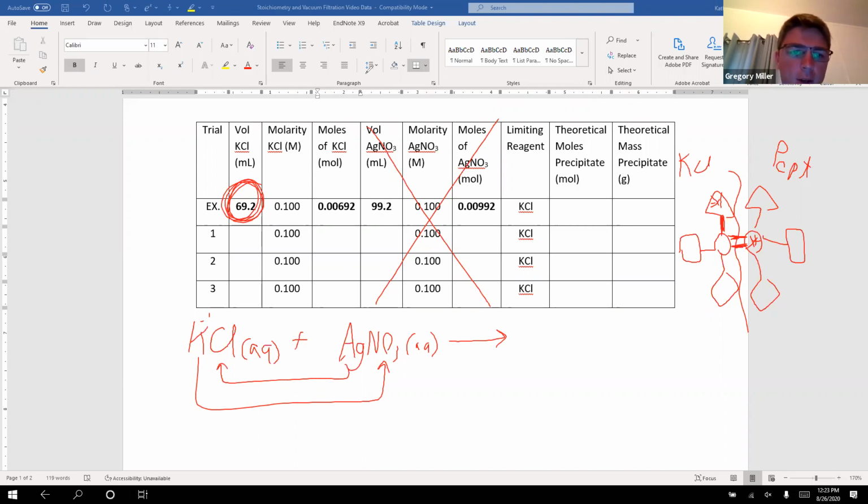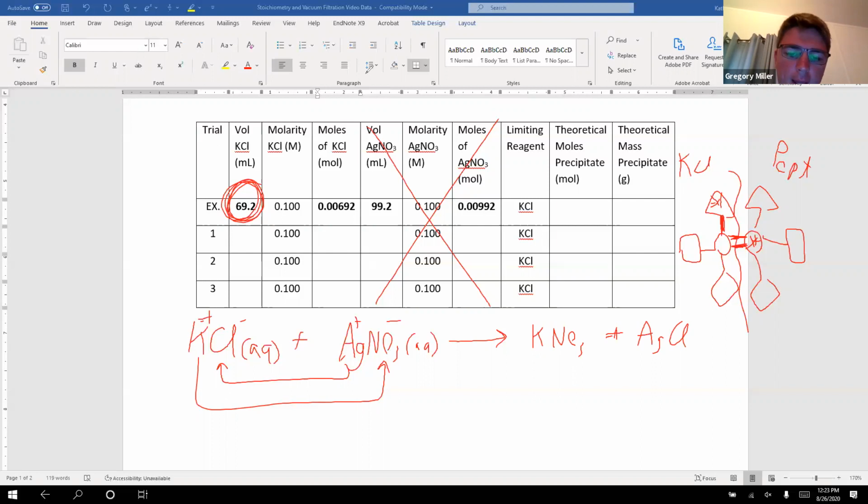Potassium's a +1, chloride's a -1, silver is a +1, nitrate is a -1. So we'll get KNO3 and AgCl.